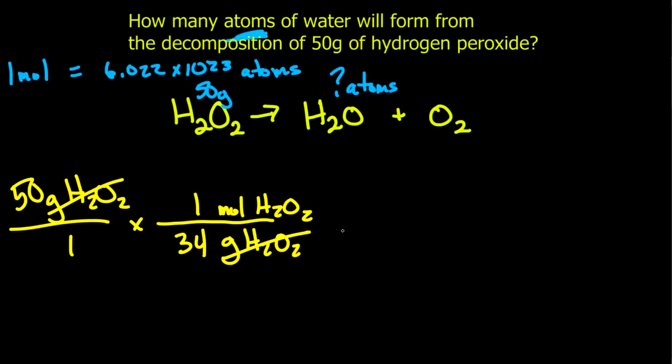So grams of H2O2 will cancel out, giving me moles of H2O2. Then I need to do my stoichiometry, my balanced equation ratio. Change my moles of H2O2 into moles of H2O. So we need a balanced equation. Problem is, I forgot to balance my equation at the start, so let's do that right quick. Shouldn't be too hard. So I got 2 oxygens on the left, 3 on the right.